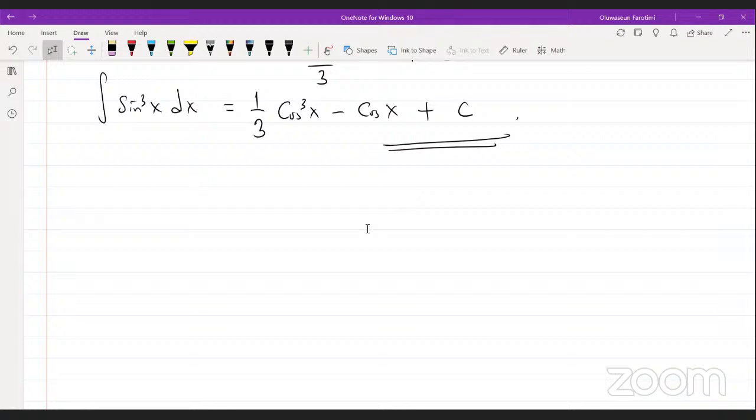But sometimes we don't always have problems looking like this. Sometimes we can have a mixture of sine and cosine. If that happens, what do we do, guys?